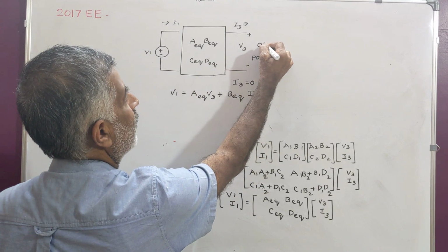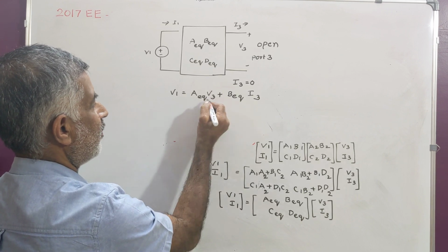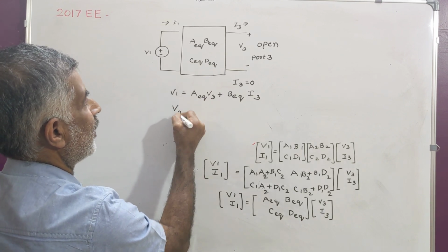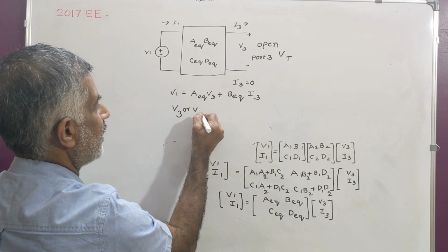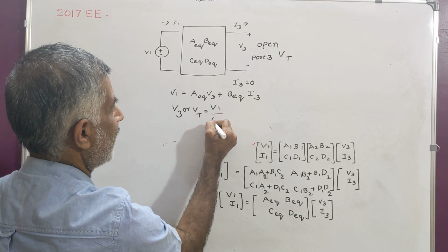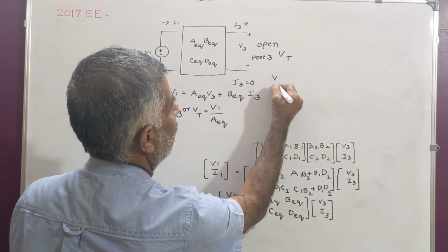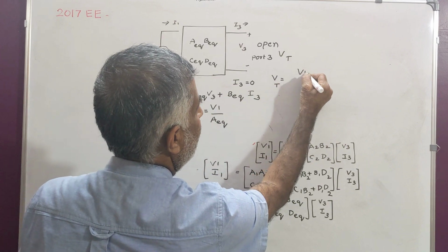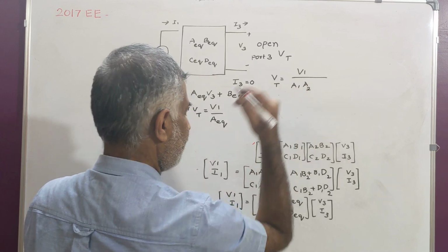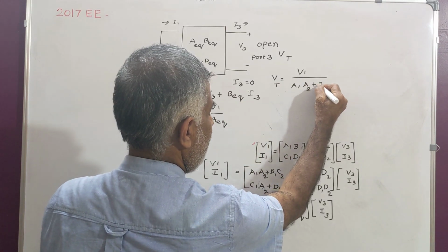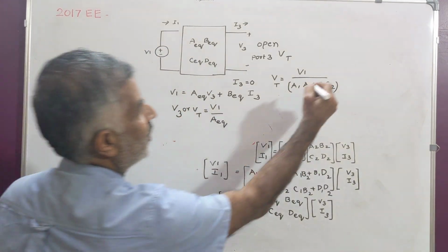Now, open circuiting the port 3 terminals, that is I3 equal to 0, then what is V3? This voltage that appears is what is called VT. V3 or VT is equal to V1 by A equivalent. A equivalent is A1 A2 plus B1 C2. This is also one of the answers.